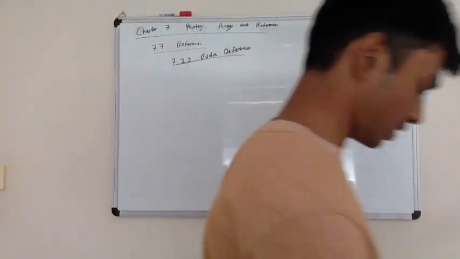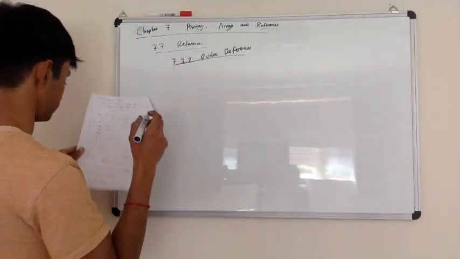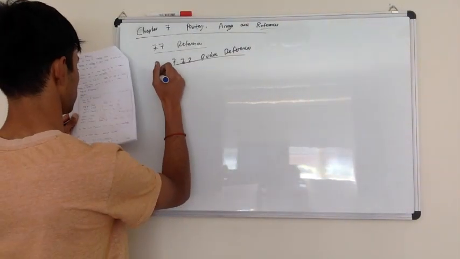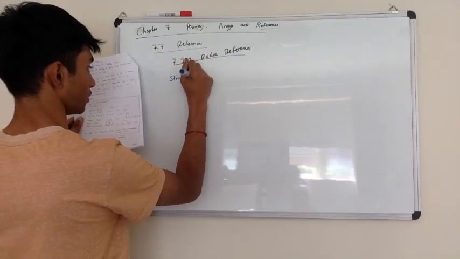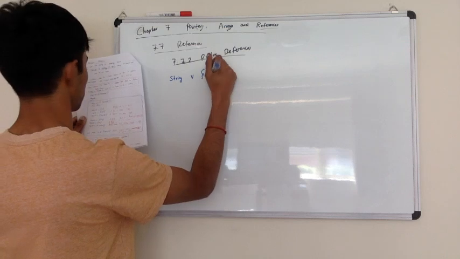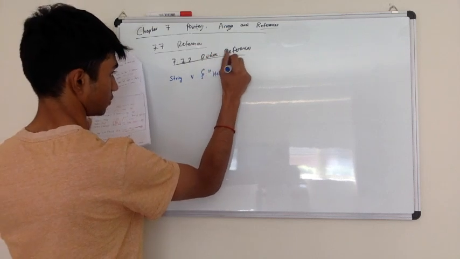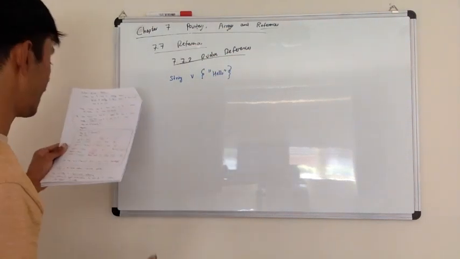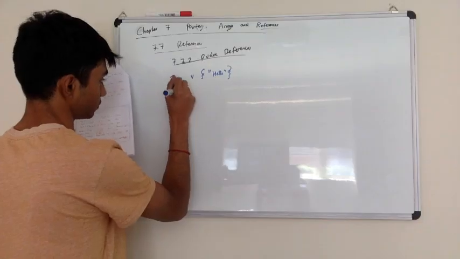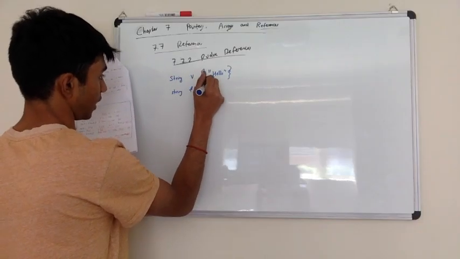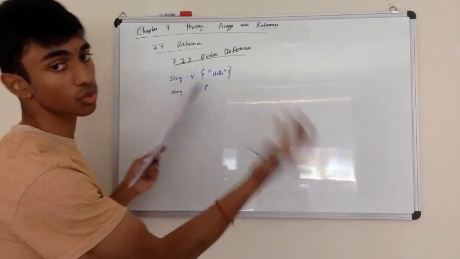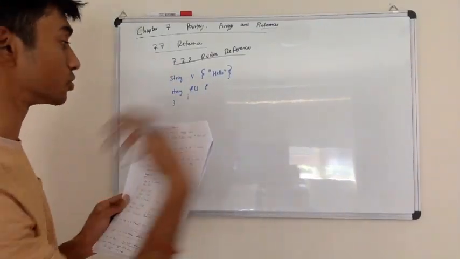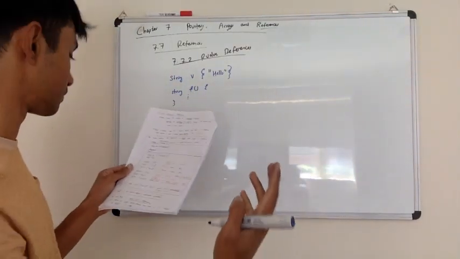Let's say we have a string v, which is "hello". And let's say we define some function, string f, so it's a function that does some stuff and returns a string. So it will produce a string value.